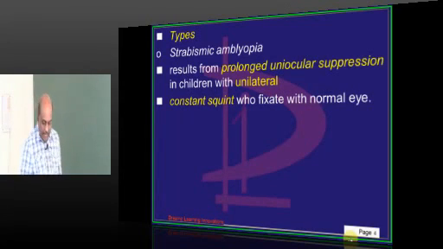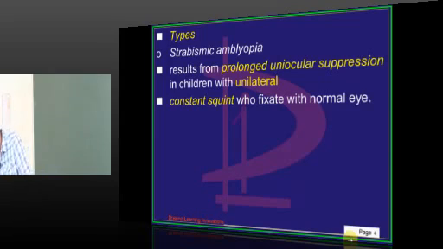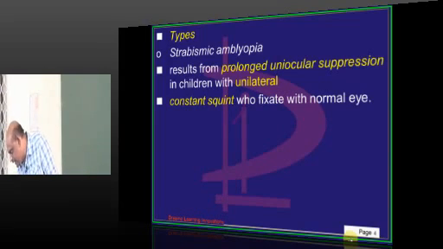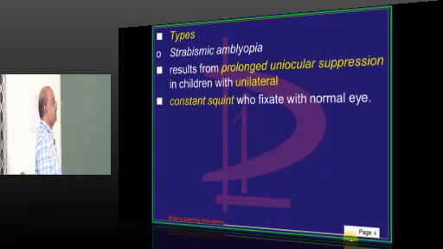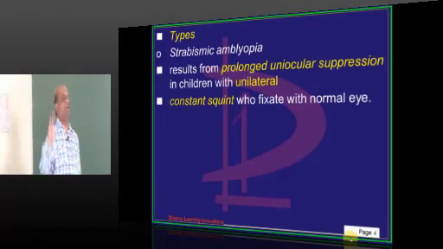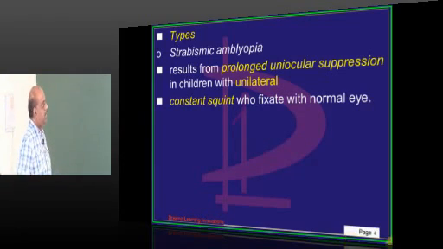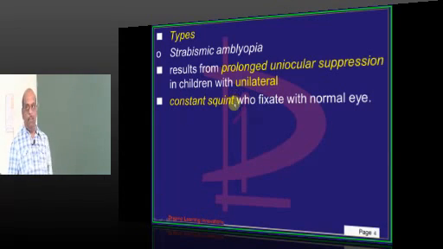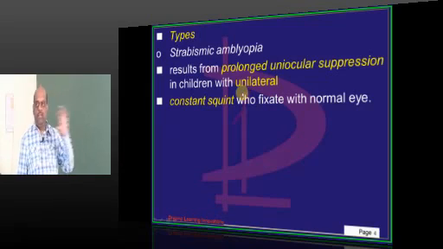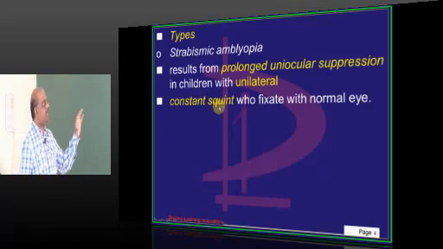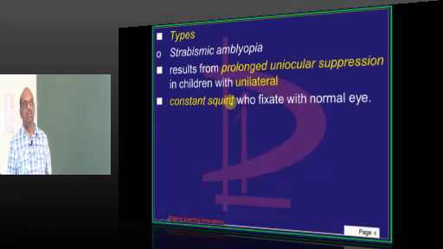So what are the different types of amblyopia? Typically, we have strabismic amblyopia. Whenever there is prolonged uniocular suppression in children with a unilateral constant squint, they will develop amblyopia.